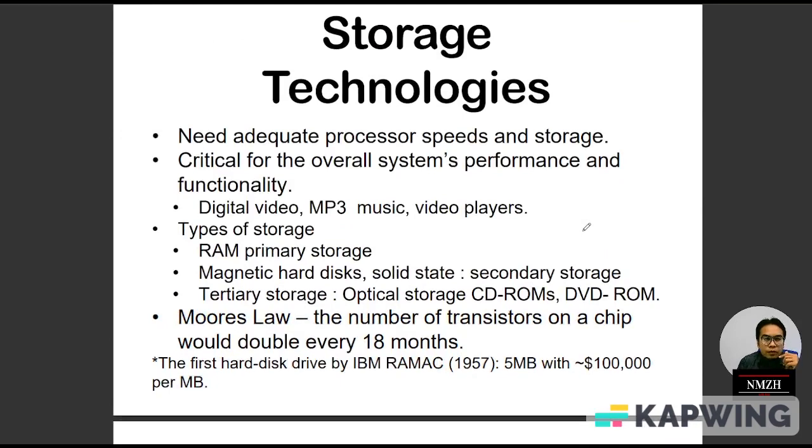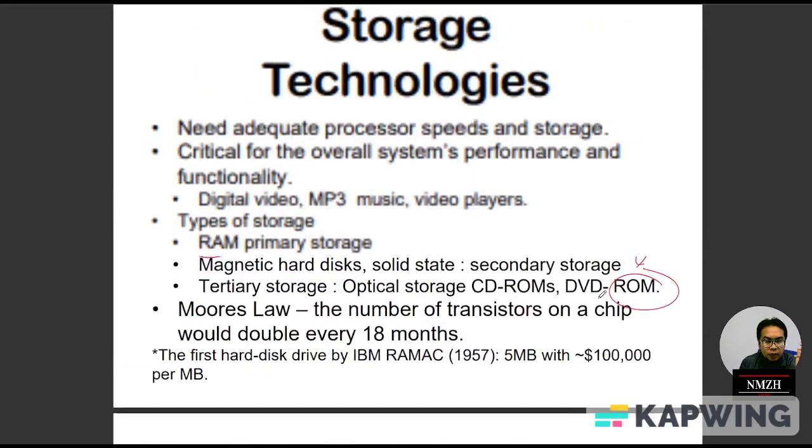For the storage technologies, in general we have two: RAM and ROM. RAM is the one for a short period, while ROM is the long period one. Speaking about ROM, we have many types of ROM.